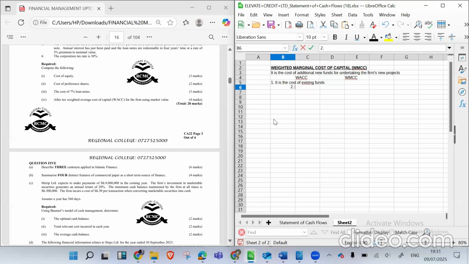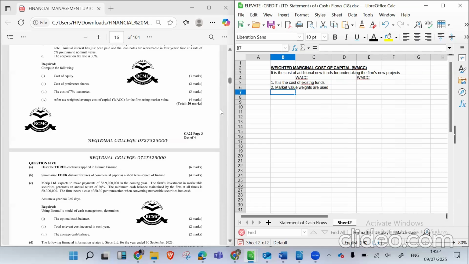Difference number two: on the side of WSCC, we say market value weights are used. I believe we remember how to calculate the market value weights, the ones we calculated from the capital structure of the company.